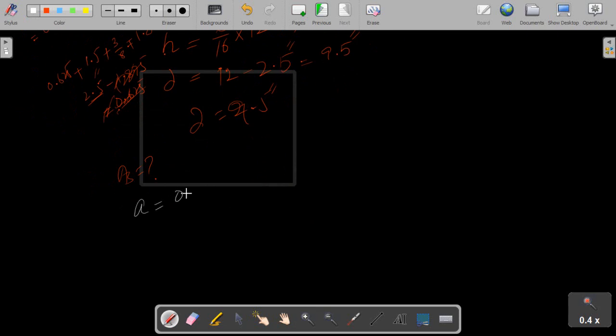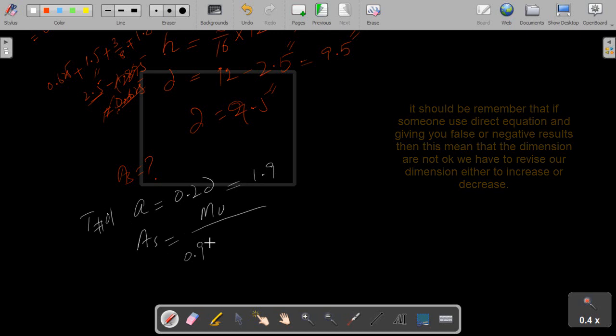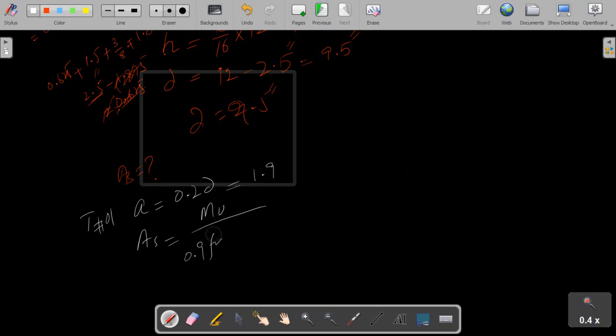So let's say I'm using 0.2 times of D and it will give me 1.9. So if I calculate my area of steel, this is trial number 01. If I calculate my area of steel, MU equals 0.9 into Fy into (D minus A over 2).